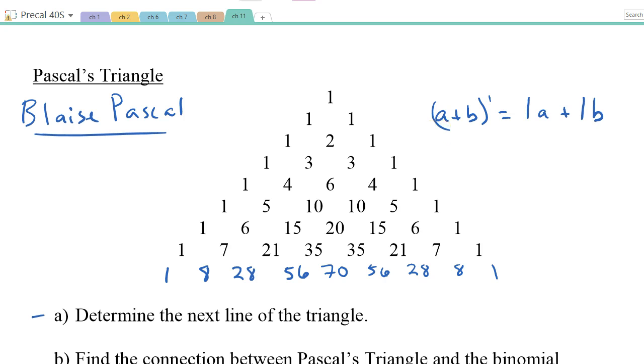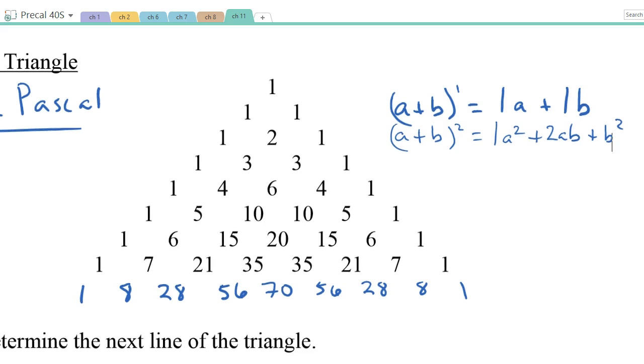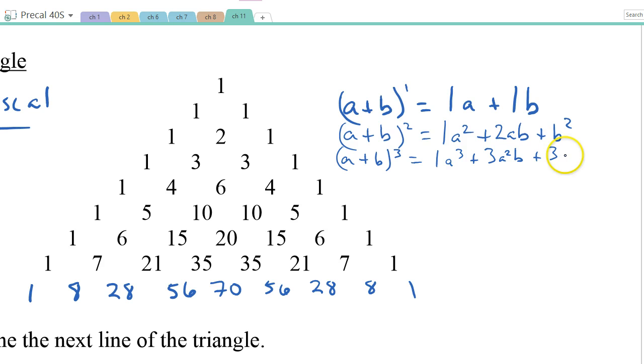If we expand (a plus b) to the power of 2, we would get 1a squared plus 2ab plus b squared. If we do (a plus b) cubed, we would get 1a cubed plus 3a squared b plus 3ab squared plus 1b cubed.